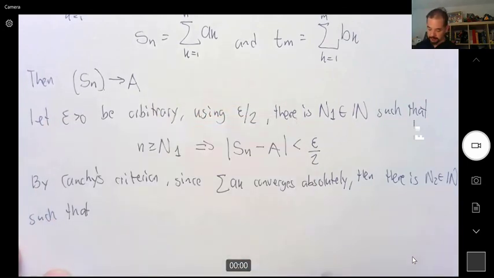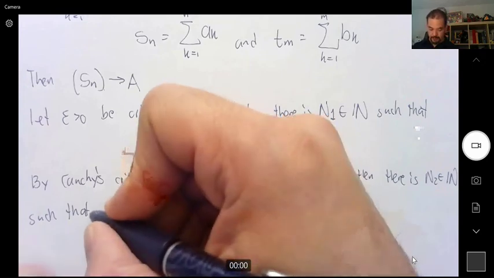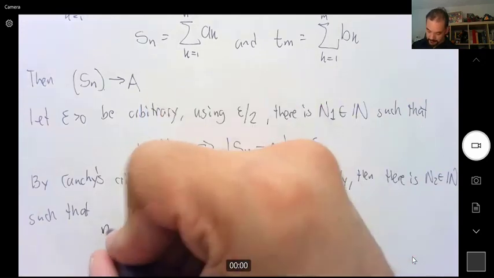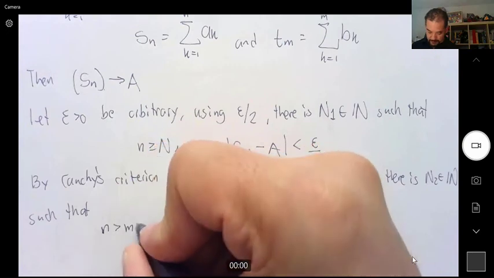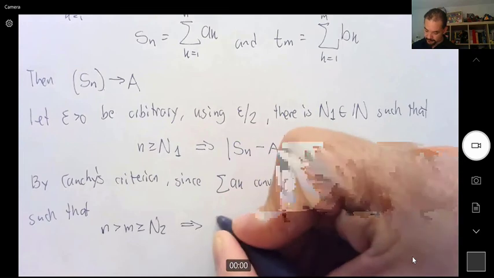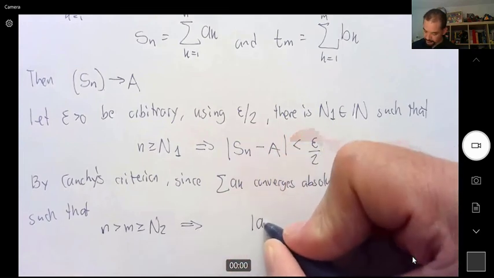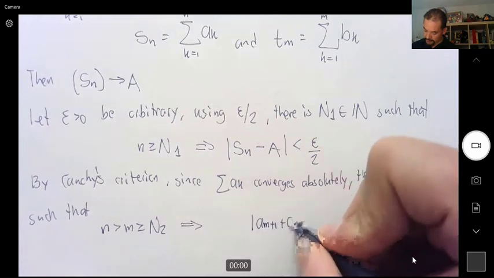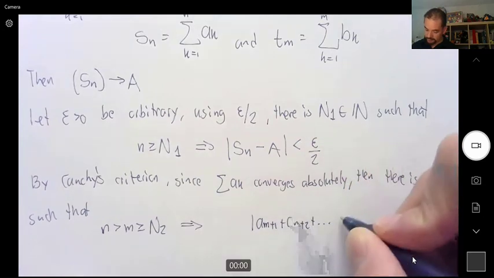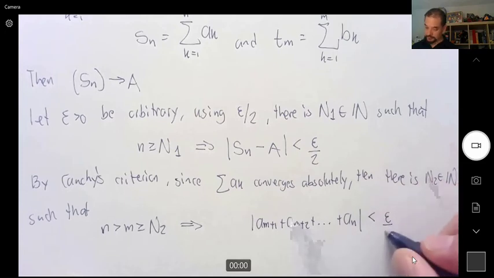The little tail, so if little n is bigger than little m, which is bigger than n2, then the tail, which is a_{m+1} plus a_{m+2} dot dot dot plus a_n, is smaller than epsilon over 2.